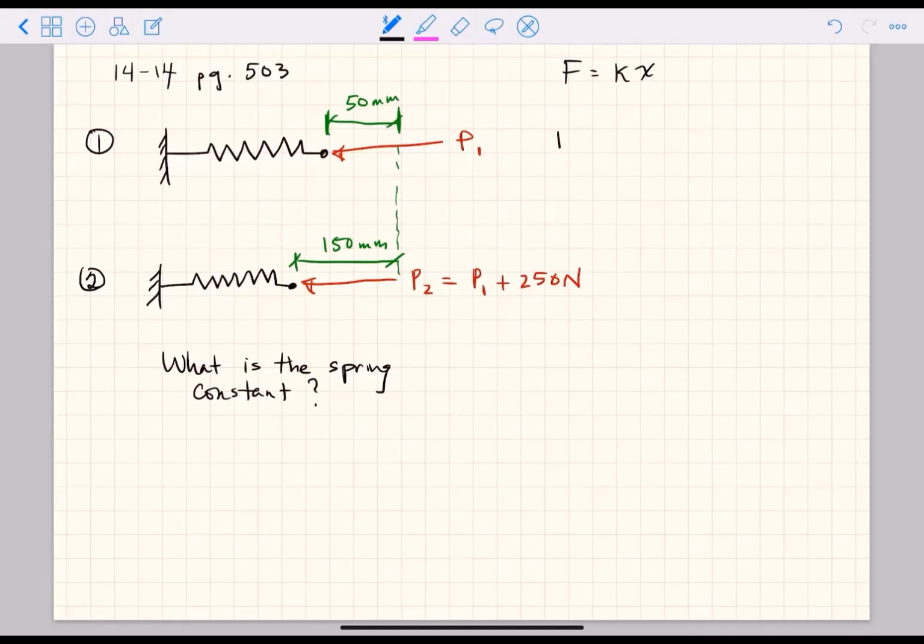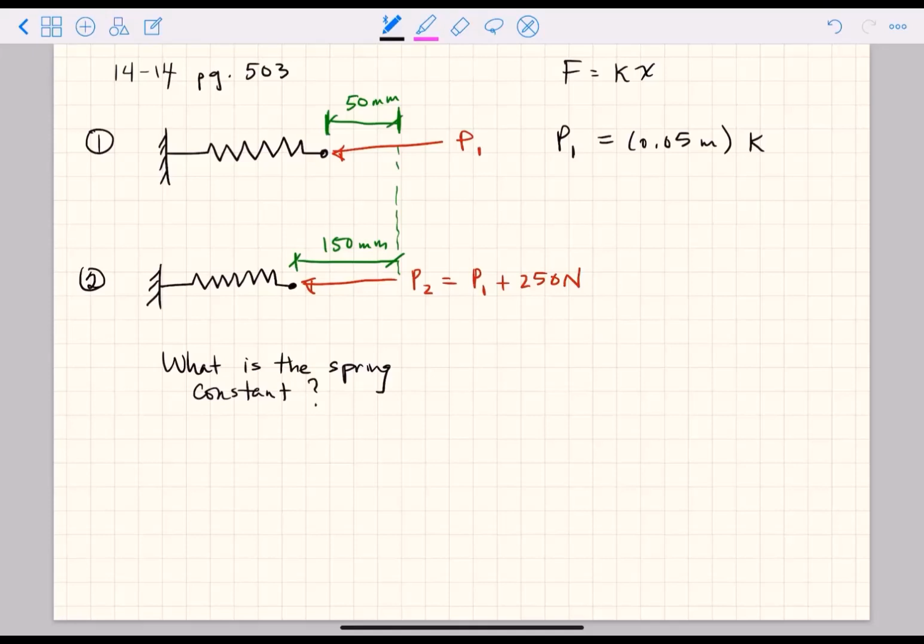Given that, we can say that force F is really equal to P1 in this case, and we're going to multiply that by 50 millimeters because that's the initial compression. 50 millimeters, if you convert that into meters, would just be 0.05 meters. And we're multiplying that by K. So that's equation 1.